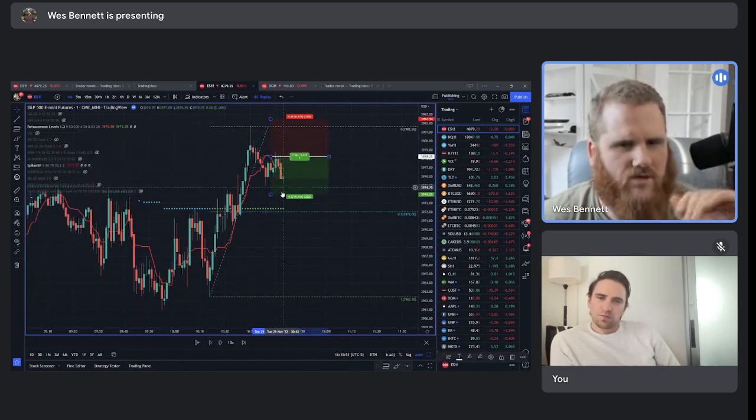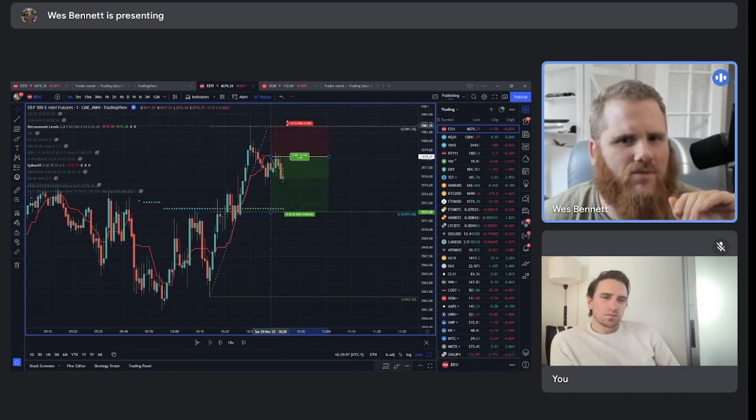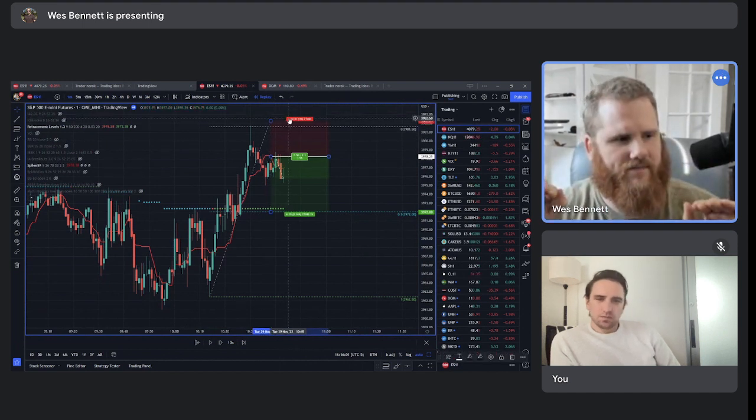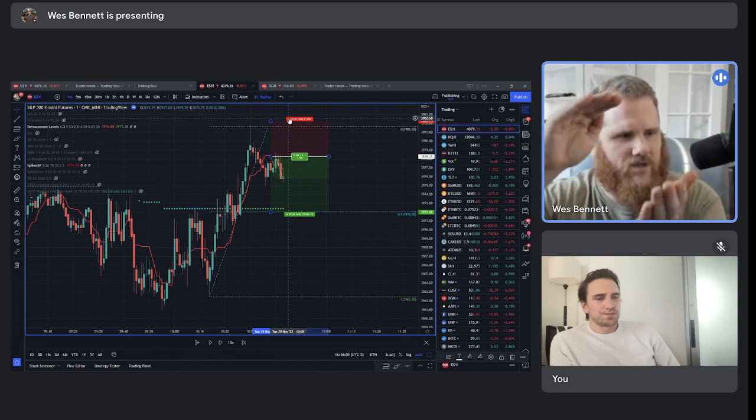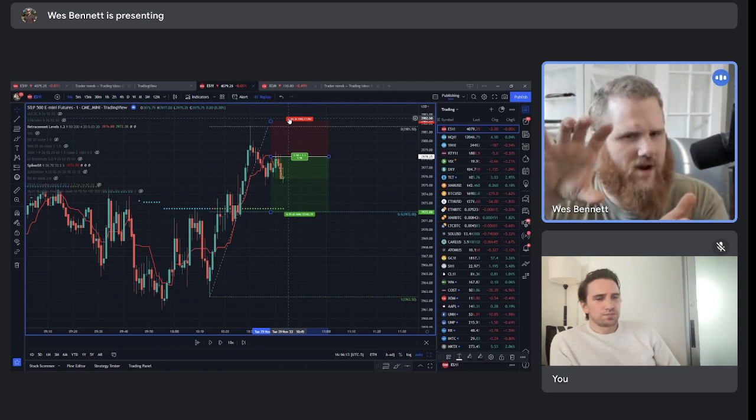If my target is here, and my stop needs to clear it, I'm not able to get a 3-to-1 and clear that high. So I'm not going to take that. That's the trade I don't take. This worked, but this is an example of how I would use what I'm trading, which is a reversal of a trend. If I can't get enough profit out of that pullback, I'm just not going to take it.